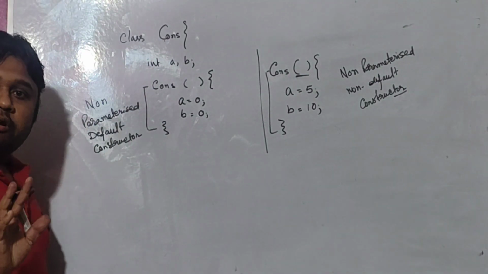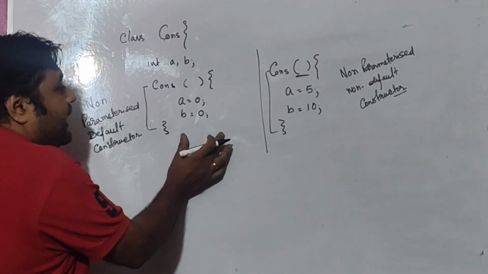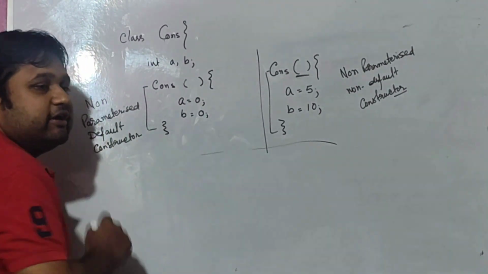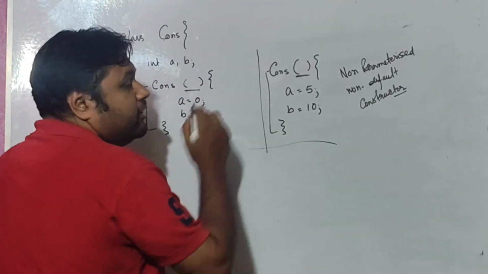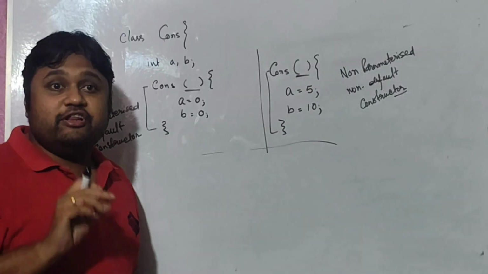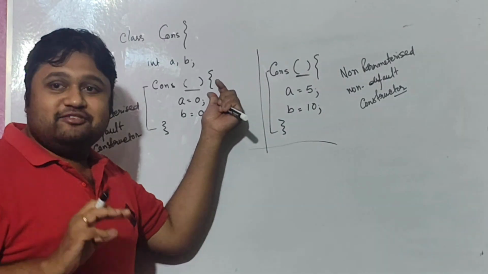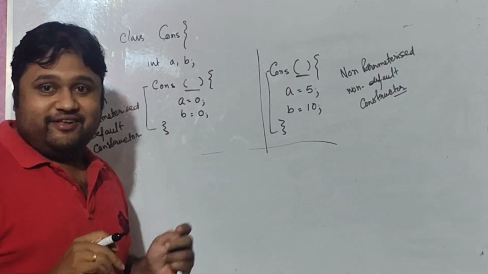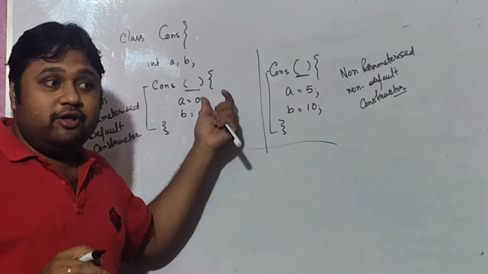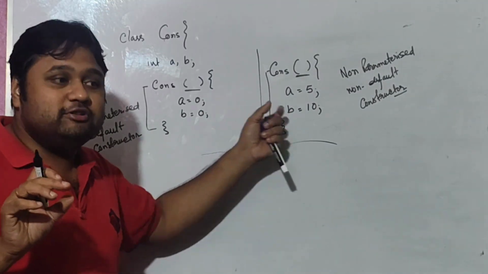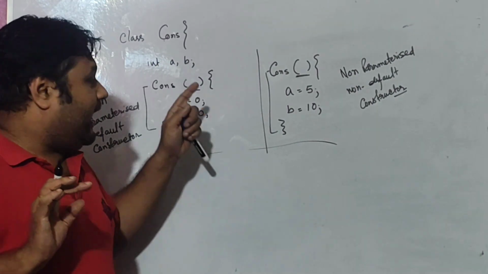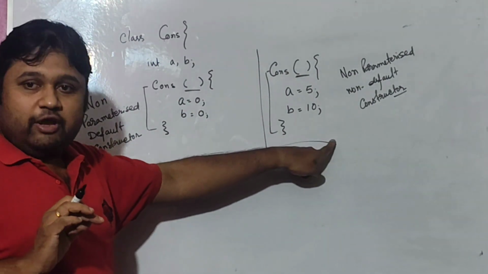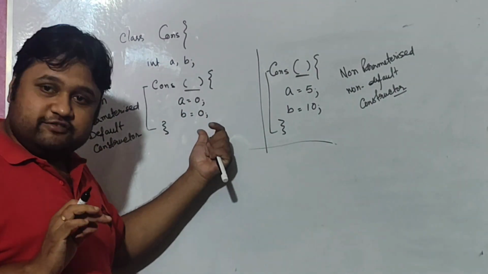Clear? No doubt. Now, I cannot use both constructors in the same program. Why? Because this one has no parameter, and this one has no parameter. In function overloading, the condition is that the number of parameters and the type of the parameters must be different. Here the number of parameters is 0 in both cases. So we cannot use both constructors in a single program. Either we have to use this or this. Mostly we are using this one.